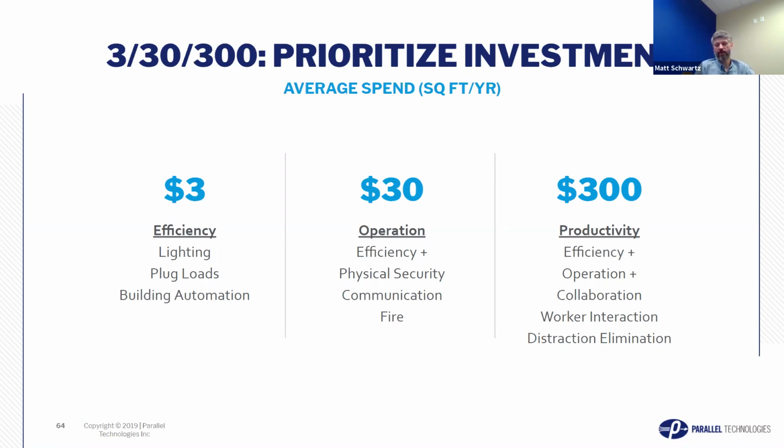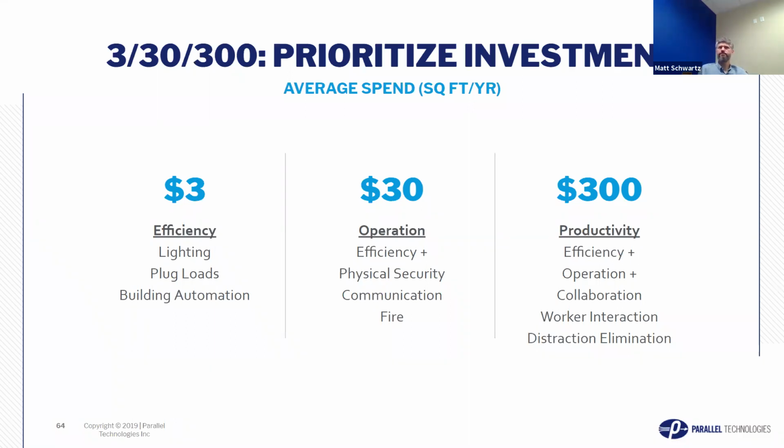I think the 3 has received a lot of looks over the years. The 30, the operations of the building, is generally where we focus most of our attention. It's on those systems that operate, that can replace the human component that's not as reliable as technology. That's really where we find efficiency inside the buildings, or in the operations of the building.